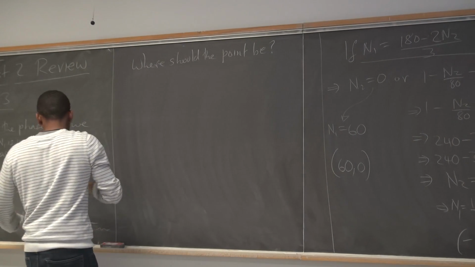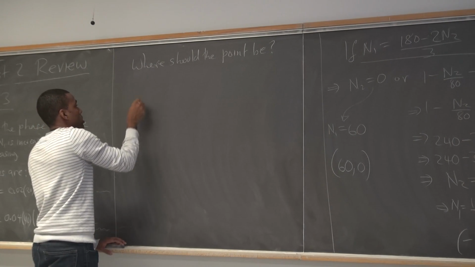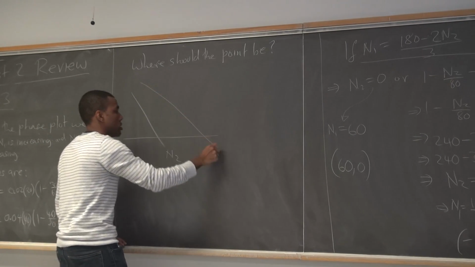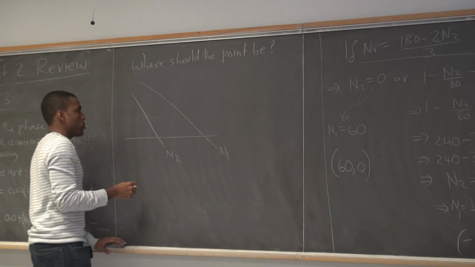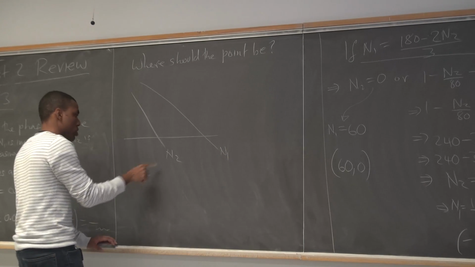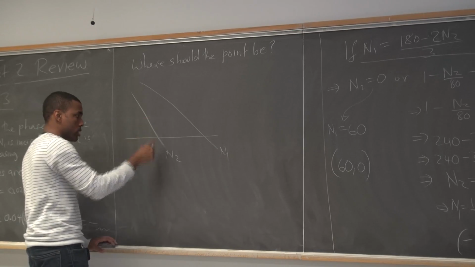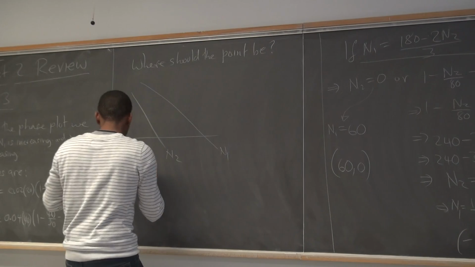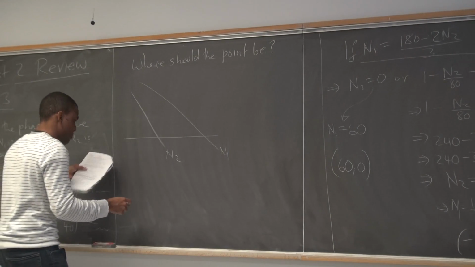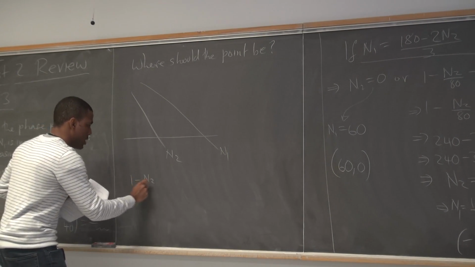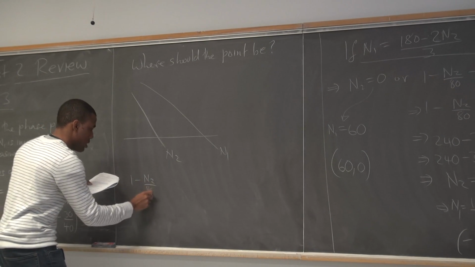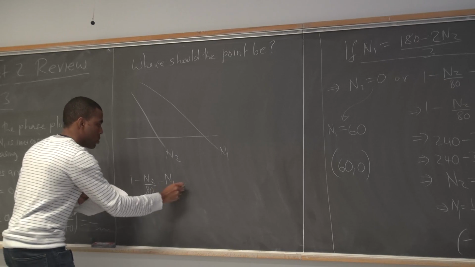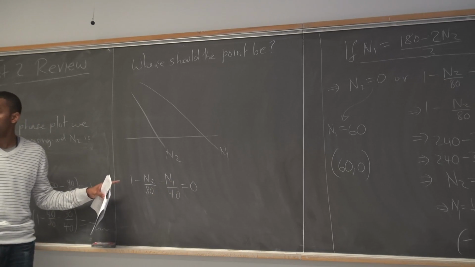So now what do we have? This was an N2, that was an N1, and we want to know where 30, 40 ends up. We're looking at the N2 line because that's the one we're really close to. The null line for N2 was 1 minus N2 over 80 minus N1 over 40 equals 0, right? So that's the line we're looking at.